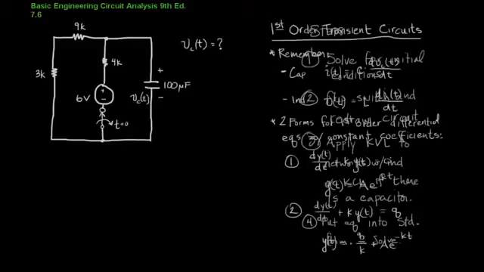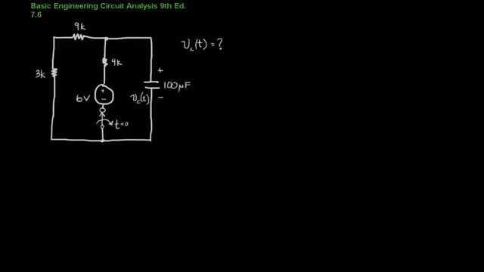Okay, so let's start by doing our initial conditions. To solve for the initial conditions, we're actually looking in this case for what is the voltage on the capacitor at t equals 0, and previous to t equals 0.